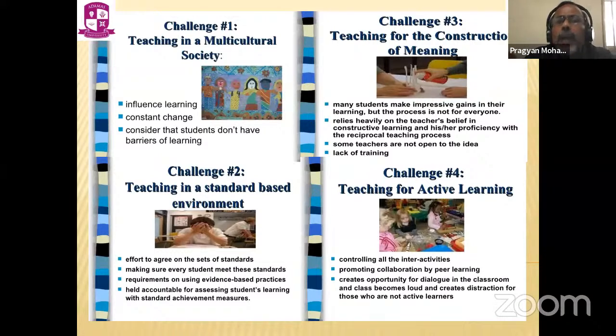Now the third factor, that is teaching with the construction of meaning: experiences, doing some activity, getting some experiences, generating an output. After that, if a student is asked, what have you done exactly now? What does it mean, what have you formed now?